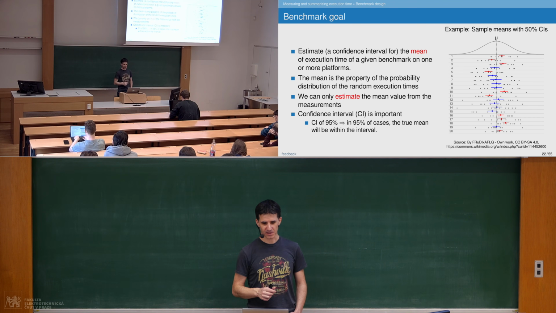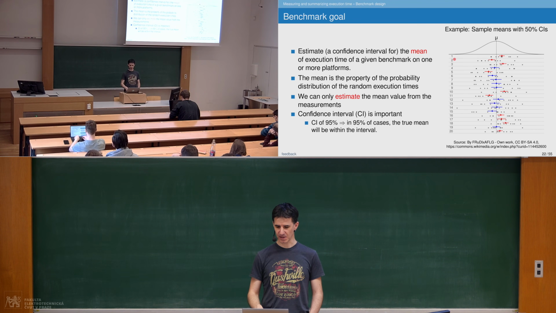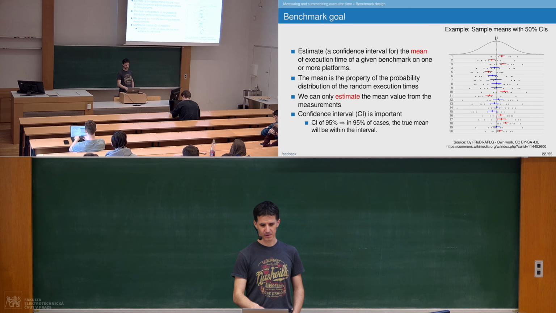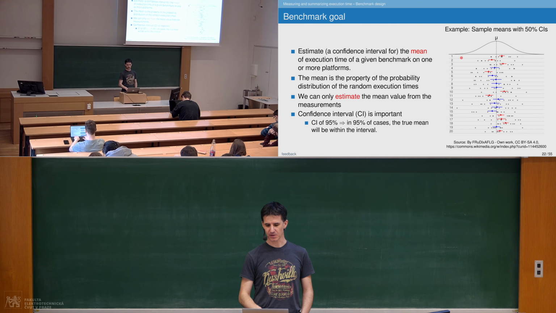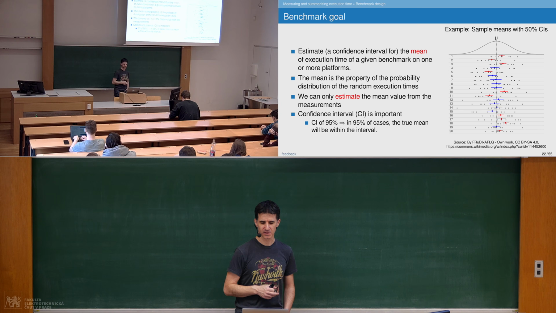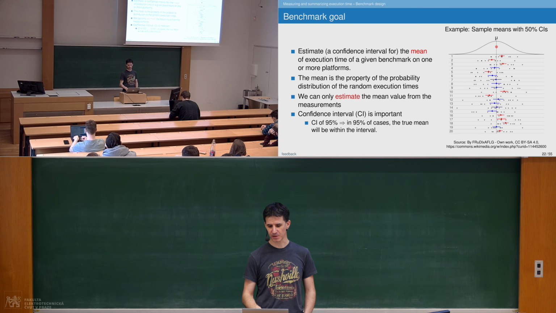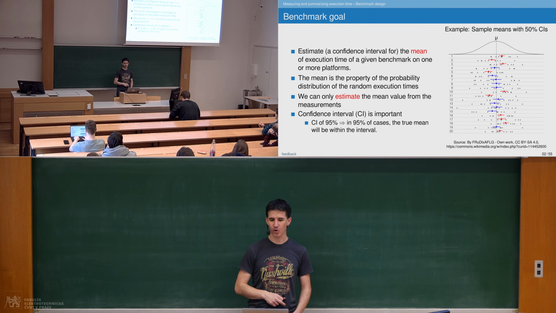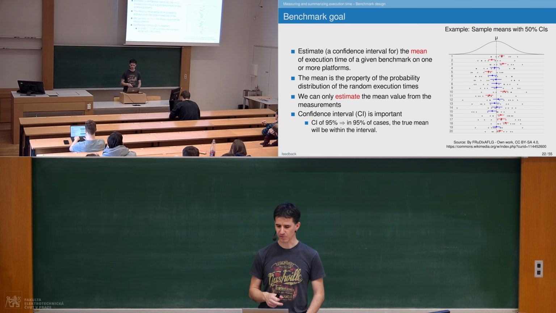And the confidence interval is illustrated in this figure. So here you can see some probability distribution, and this is the mean value of that. This is a normal probability distribution, so this is the mean value of this normal probability distribution. And then you try to sample from this distribution. So every line here is a number of samples taken from this distribution.